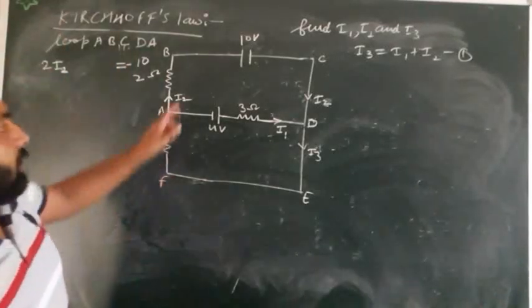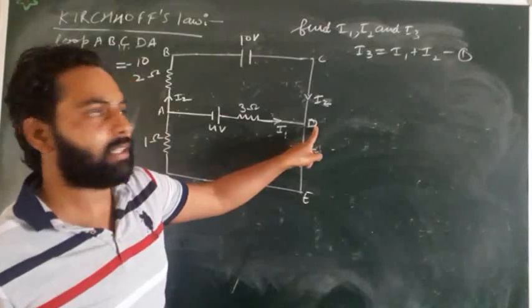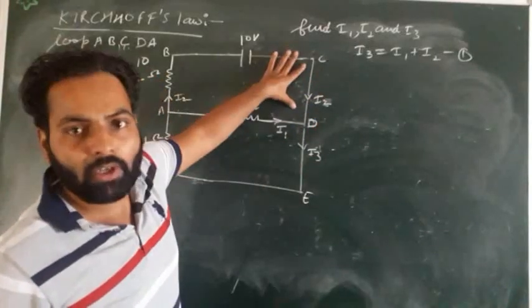Now when we move from C to D, there is no resistor, so there is no term.